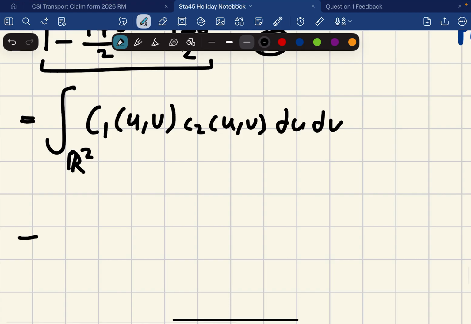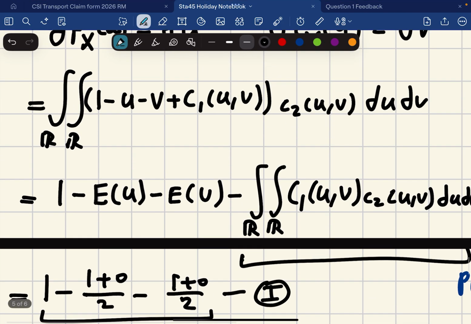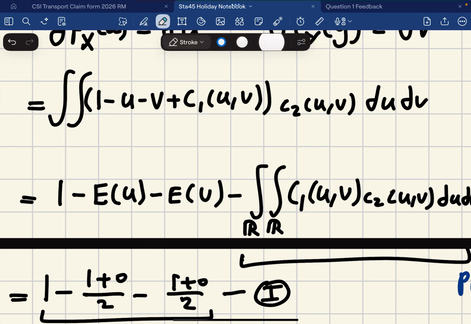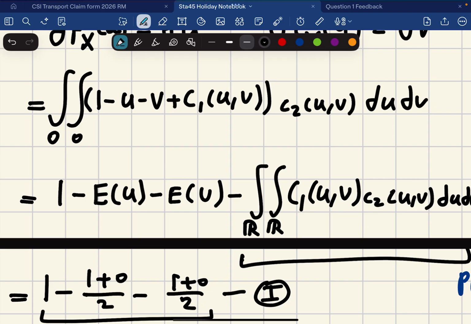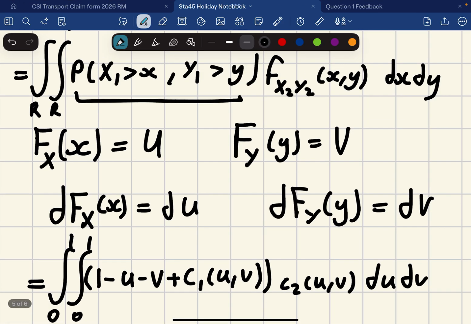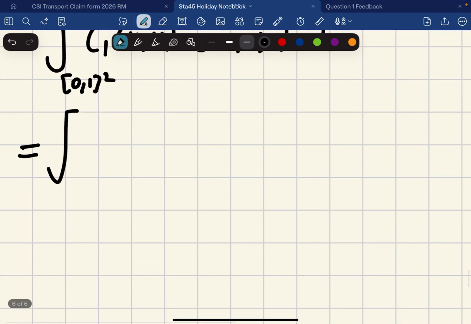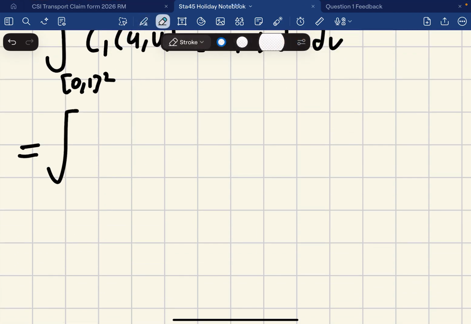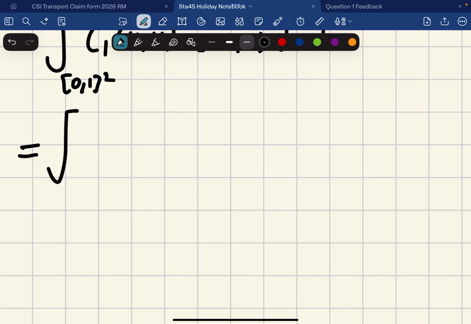But now, if we reverse the transformation, we're going to go back to, oh, by the way, this is wrong. I'm supposed to say from 0 to 1, because I've applied the transformation. So from the moment that I start introducing U and V, my U and V range between 0 and 1. Although technically I wouldn't be incorrect if I was to still keep my infinity, because I will still be covering everything, right? But it's more correct to say 0 to 1, and it's more rigorous, right?